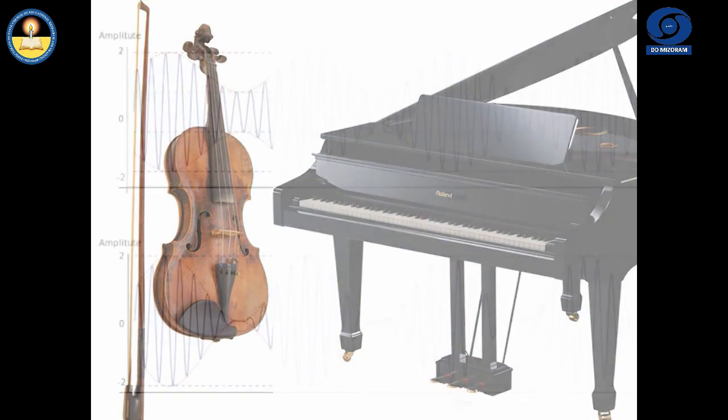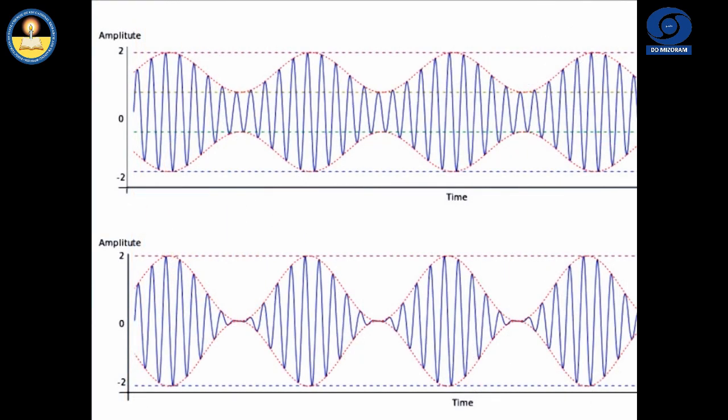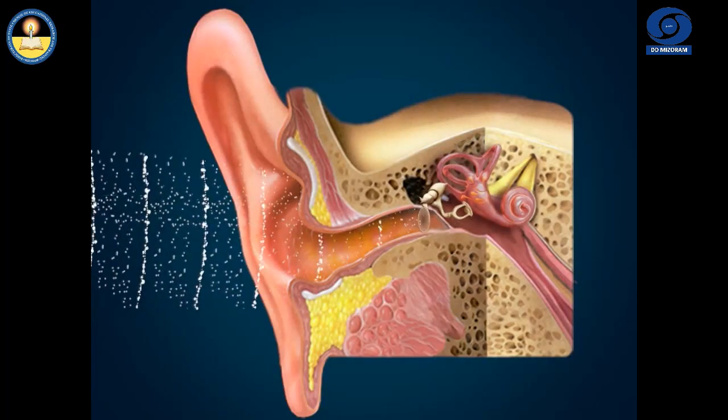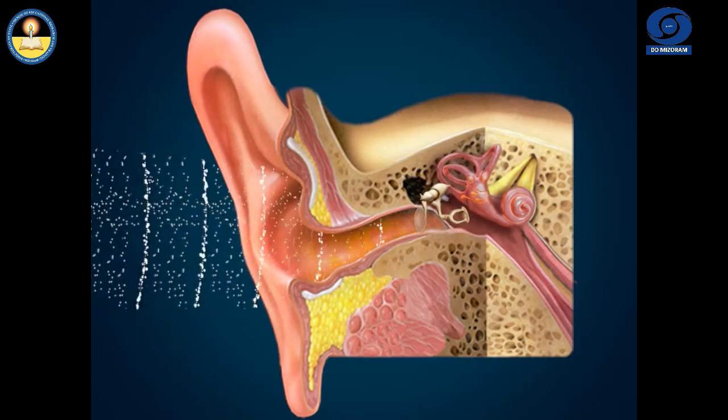The quality of a note depends on the shape of its waveform. Although two notes may have the same frequency and amplitude, if their waveforms are of a different shape, our ears detect the difference in sound. The sound which is more pleasant is said to be of a rich quality.